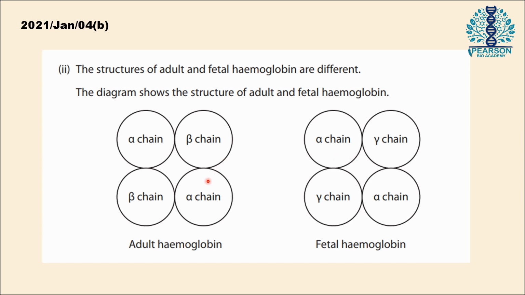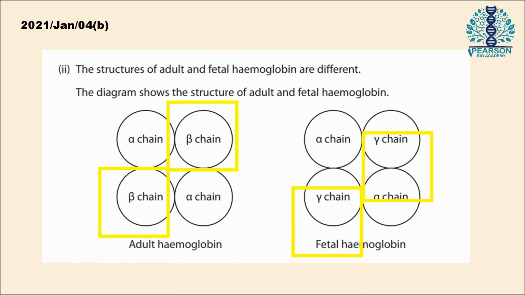If you look at the diagram carefully, you can see that adult hemoglobin contains 2 alpha chains and 2 beta chains, whereas fetal hemoglobin contains 2 alpha chains and 2 gamma chains. Therefore, the structural difference between them is the presence of 2 beta chains in adult hemoglobin and 2 gamma chains in fetal hemoglobin.